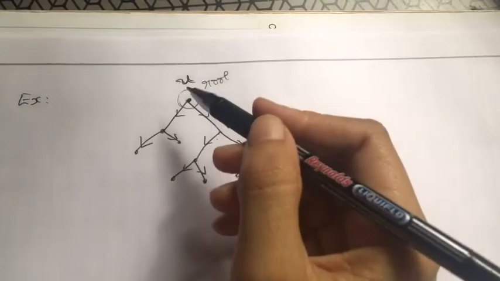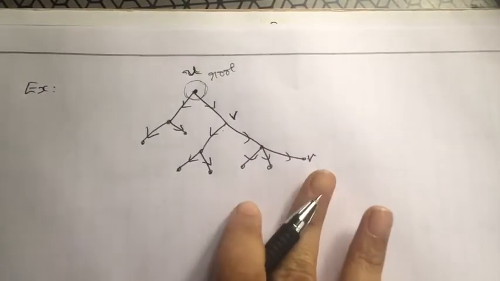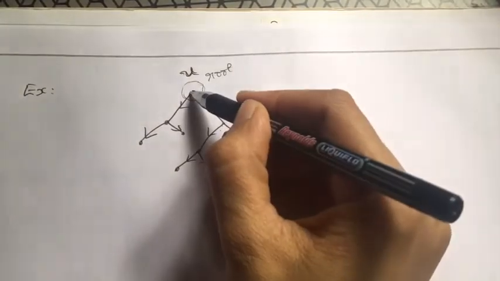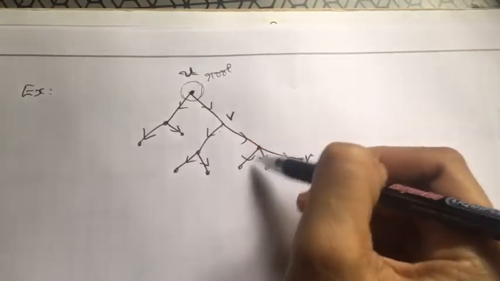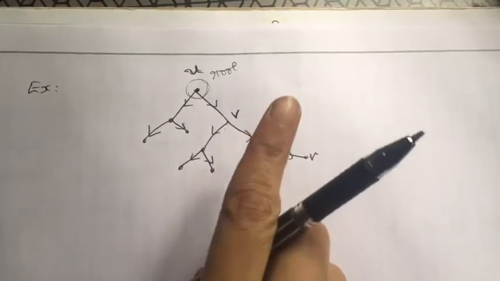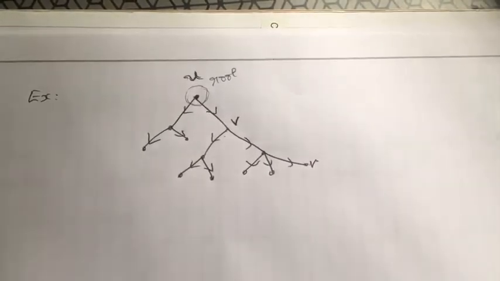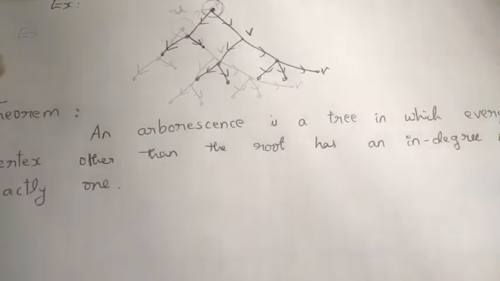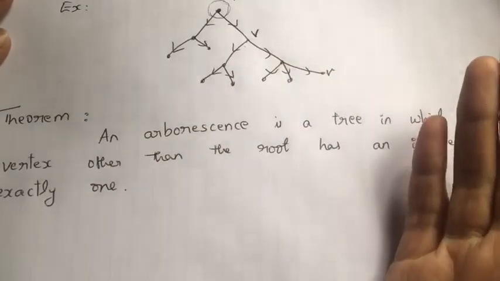As I mentioned earlier, an arborescence is a tree in which every vertex other than the root has in degree of exactly 1. Let us prove this. By looking at the arborescence itself, we can say that it is a tree.